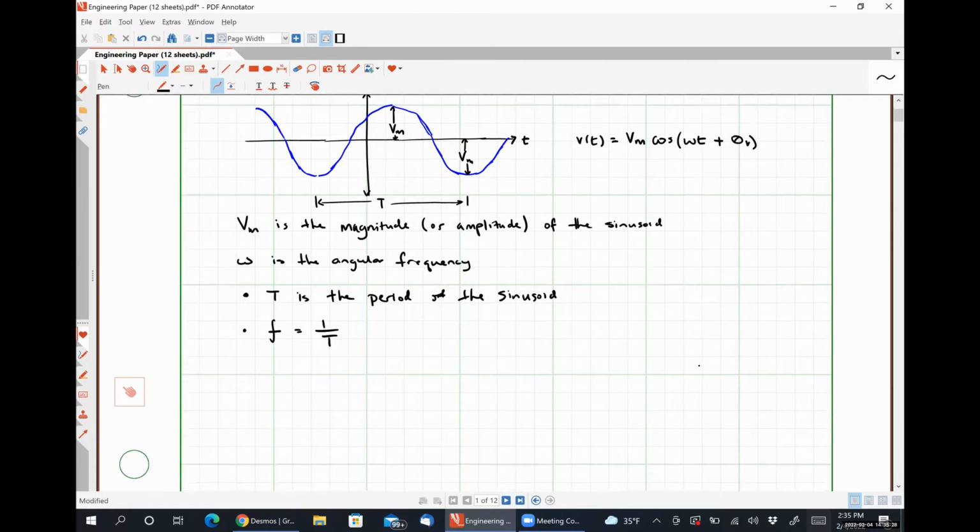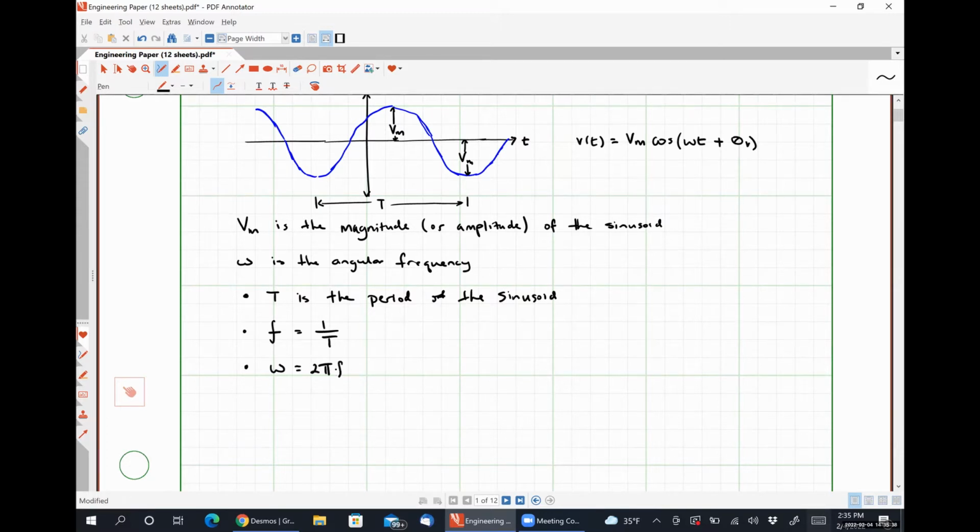Angular frequency is related to linear frequency by the following relationship: omega is equal to 2 pi f, which effectively means that the sinusoid goes through a full circle of 2 pi radians every cycle. And we can relate it directly to our period as simply 2 pi divided by capital T.